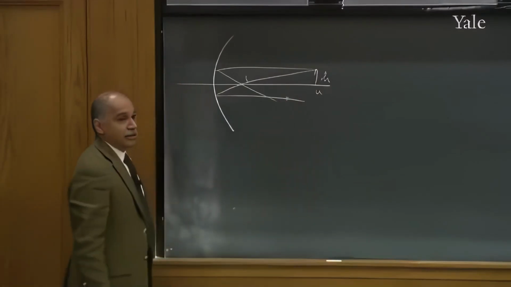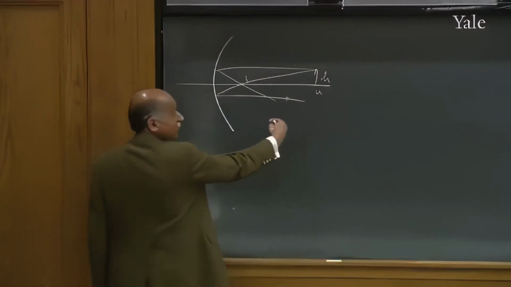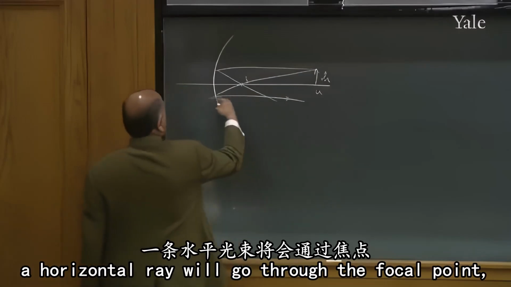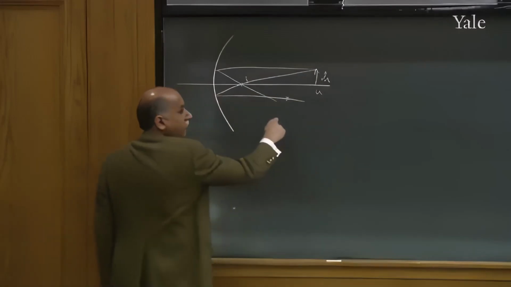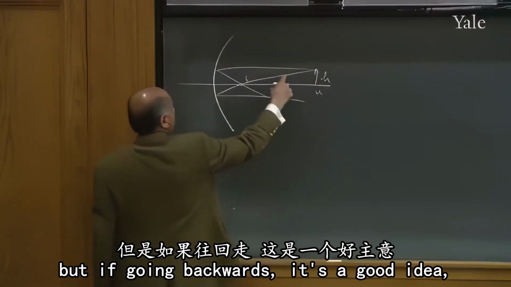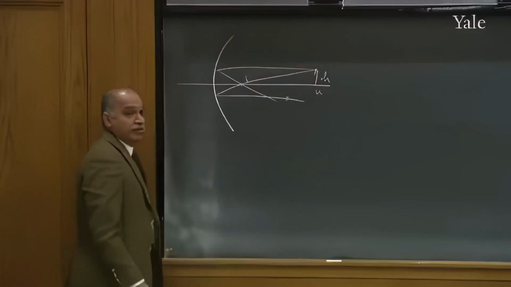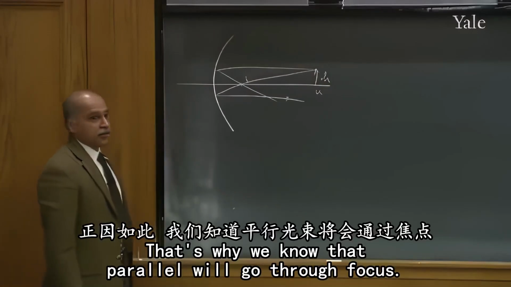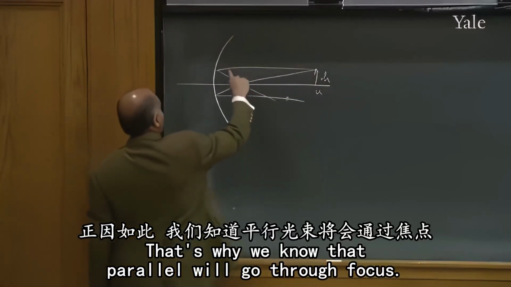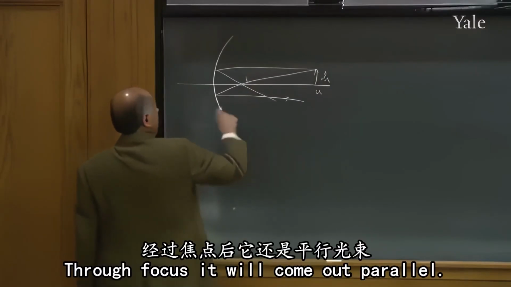How do I know that? I know that if I run the ray backwards, a horizontal ray will go through the focal point. But if going backwards it's a good idea, namely least time, it's also a good idea going forward. That's why we know that parallel will go through focus, and a ray through the focus will come out parallel.